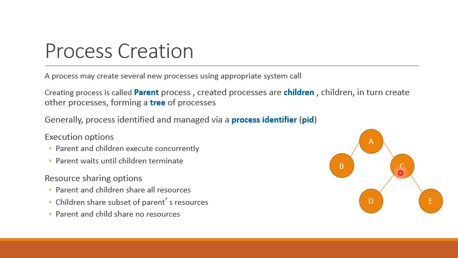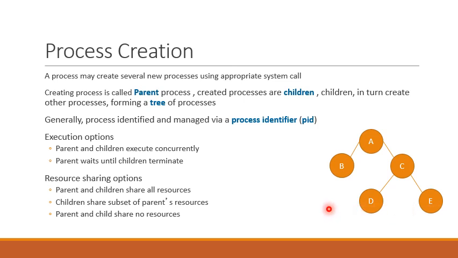Process C in turn has created two more children, process D and process E. Now C is the parent of processes D and E, whereas process A is the grandparent of D and E. Likewise, processes D and E are siblings to each other.